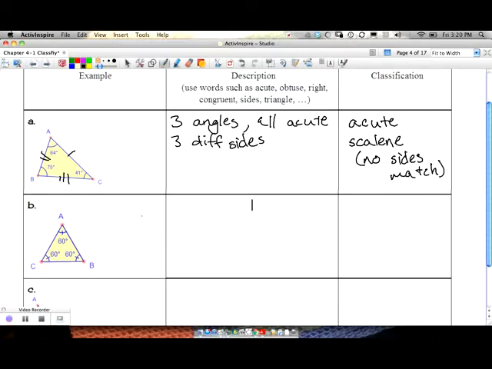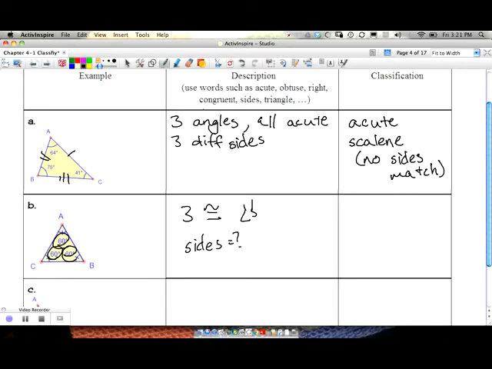Alright, let's look at this next one. This one's kind of the exact opposite. We got three angles that match. So it's three congruent angles. The sides, we don't know.